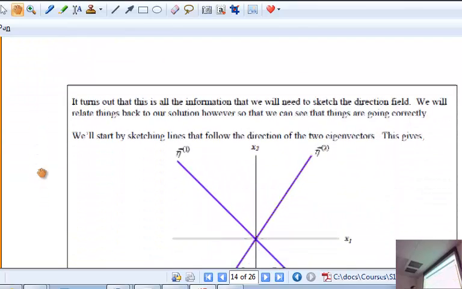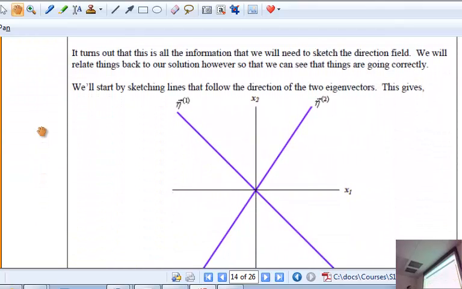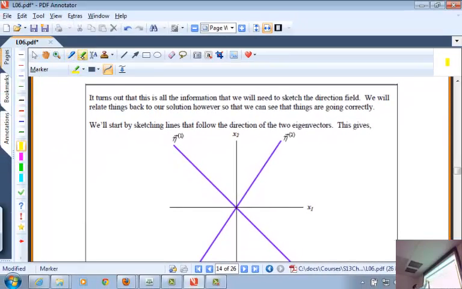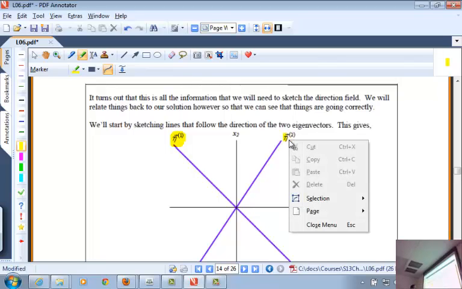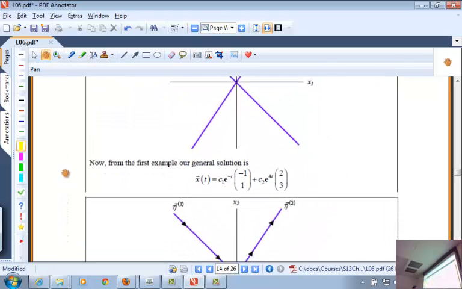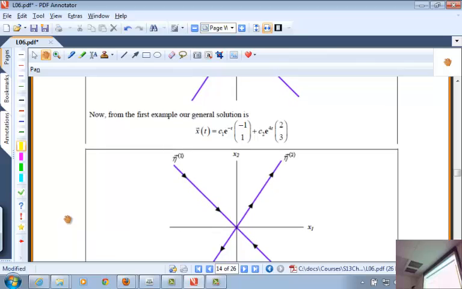Here it is. These are the two eigenvectors that you see here. Okay, eigenvector 1, eigenvector 2. And you can point the direction of this because the first eigenvector is negative, the second one is positive.